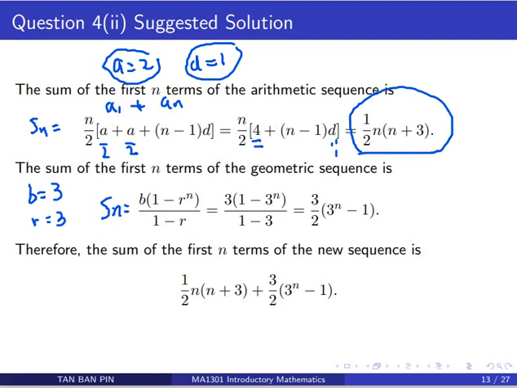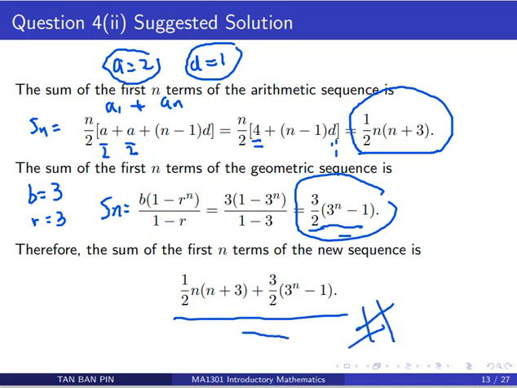You sub b as 3, r as 3, and then it can be simplified to this. With that, you just add the two answers. Here will be the sum of the first n terms of the new sequence formed by adding the AP and the GP.